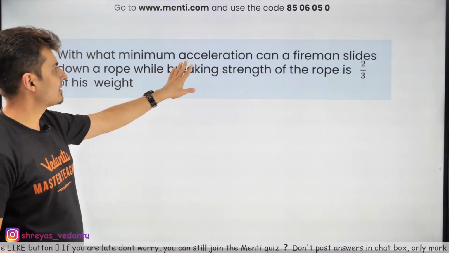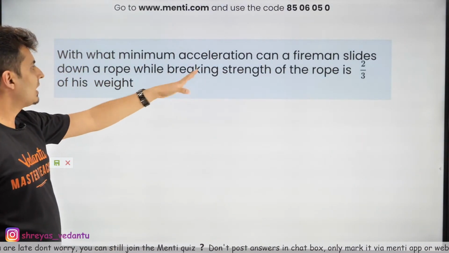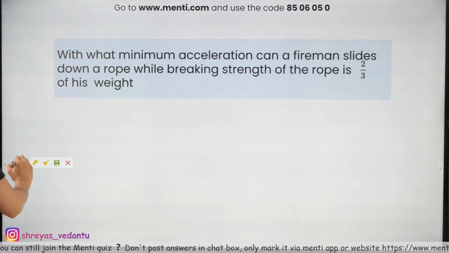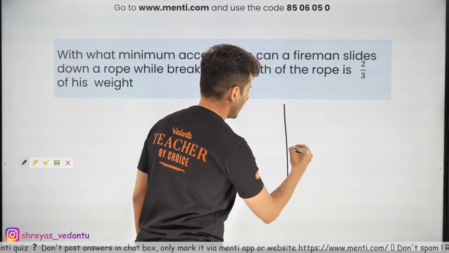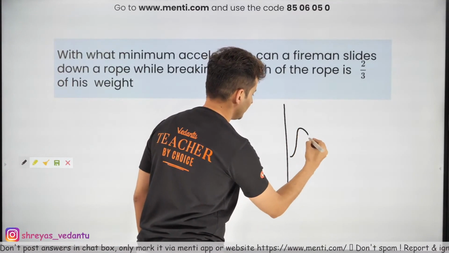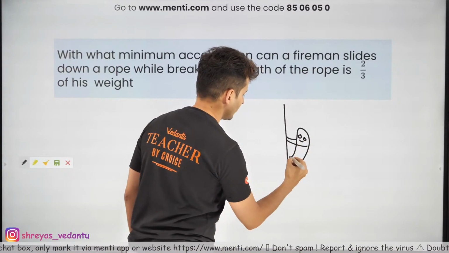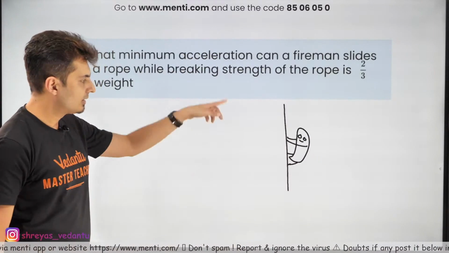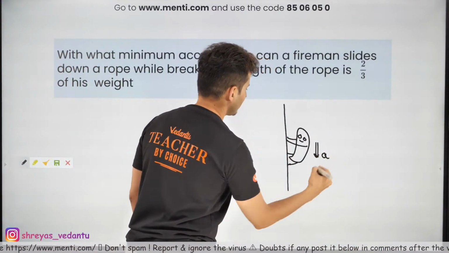With what minimum acceleration can a fireman slide down a rope without braking, assuming that the braking strength is 2/3 of his weight? So let's say this is the rope and this is our fireman. This fireman is sliding downwards, so he's accelerating downwards.